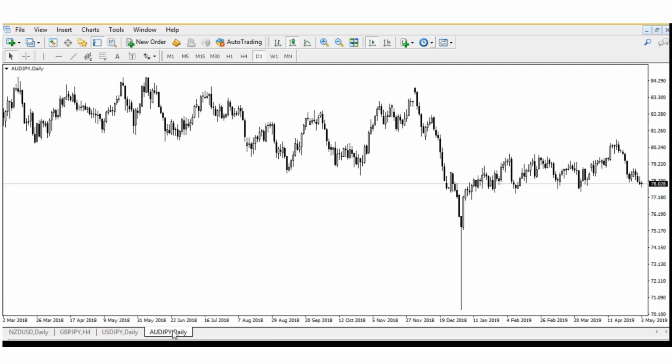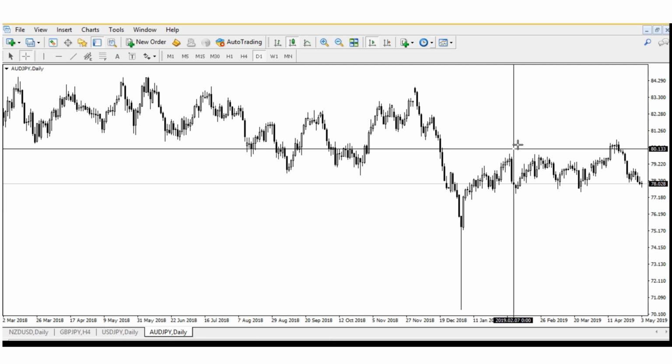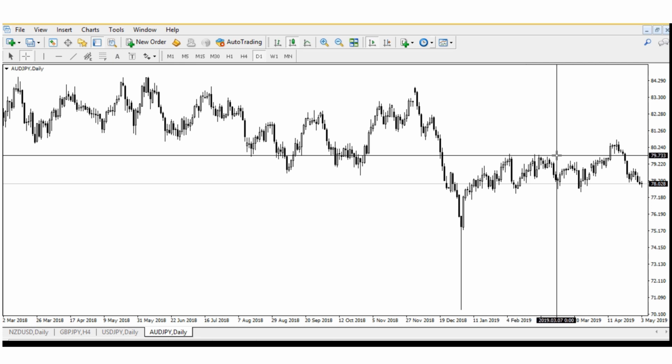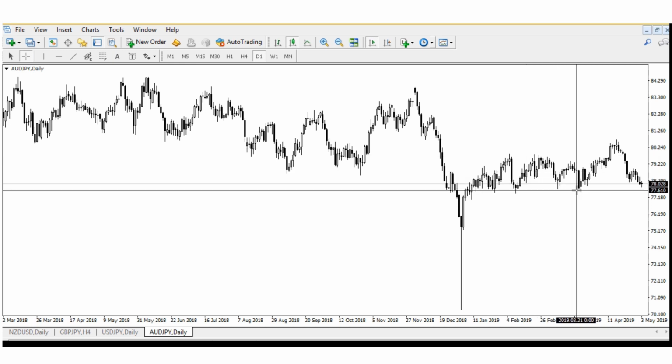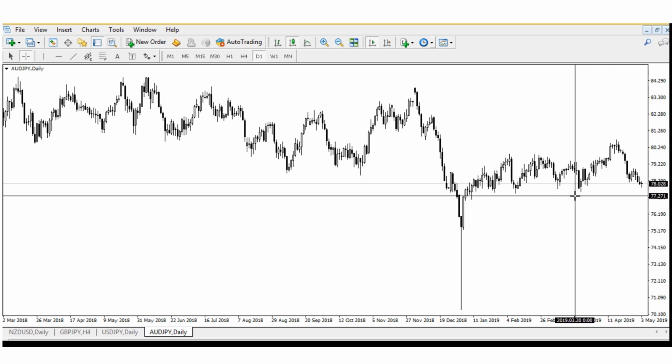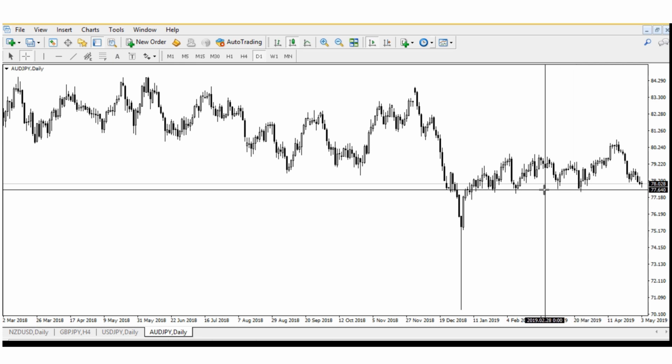And then finally to the AUDJPY. The AUDJPY is in a range. We have our first resistance here, second resistance, first support, and the second support, which creates a support zone.